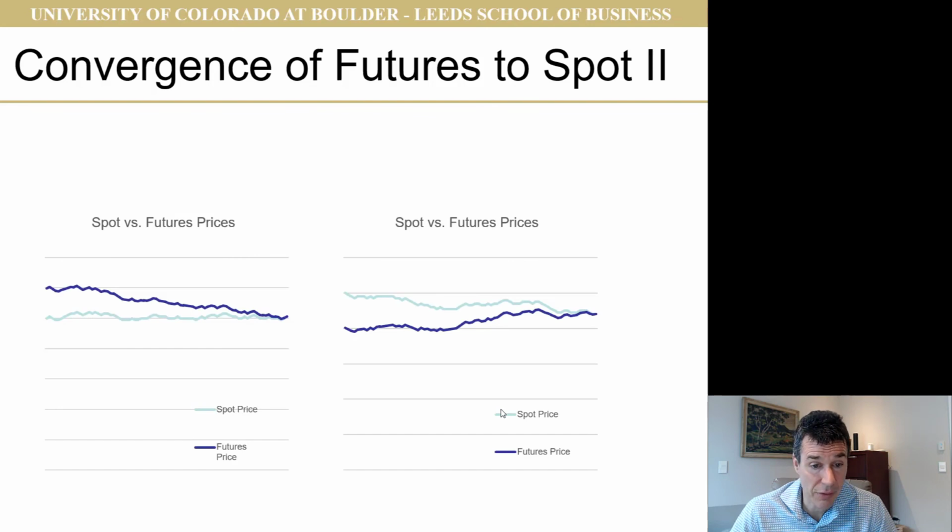So here we have the futures price in dark blue, the spot price of the asset in light blue, and you can see they're both wiggling around, but as we get closer and closer to the delivery date, that single delivery date, at the expiry of the futures contract, they should be the same. Doesn't matter whether the spot price is below or above the futures price, this is what should happen. Now, it doesn't necessarily happen, it's not necessarily true, but this is how this market should work.